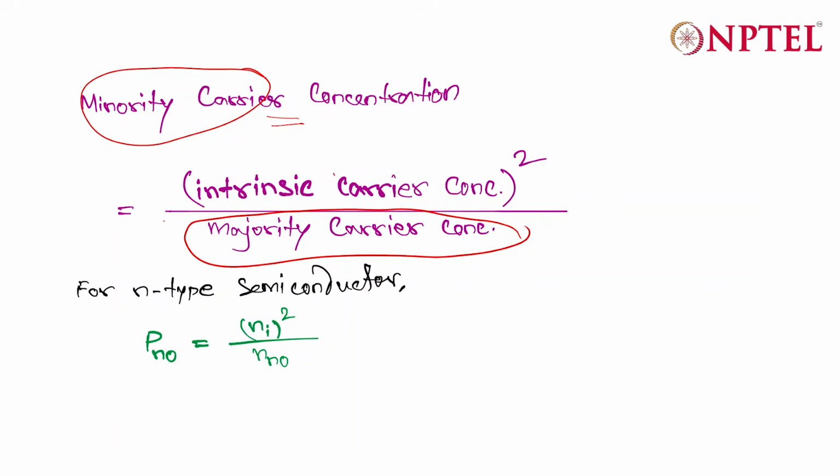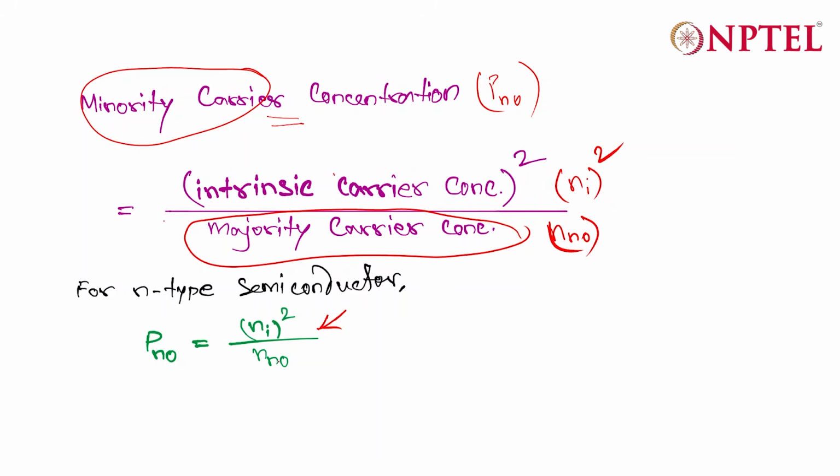So if you consider minority carrier concentration as Pn0, intrinsic carrier concentration as Ni square, and majority carrier concentration as Nn0, then it will be something like this.